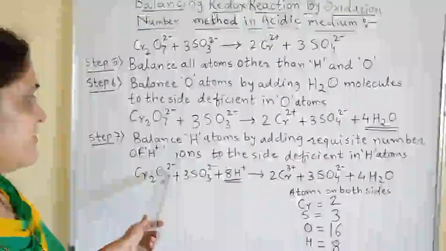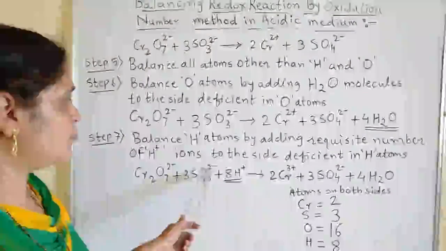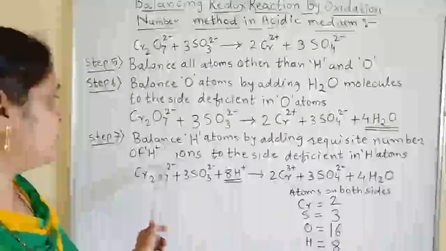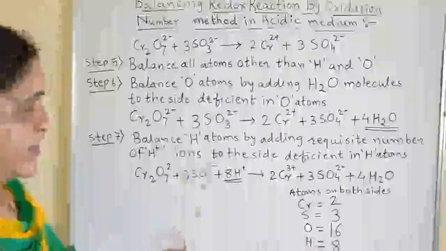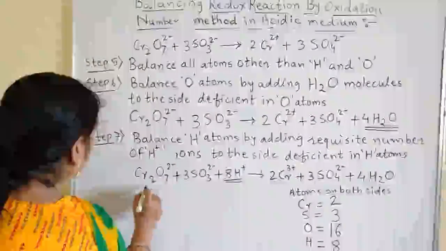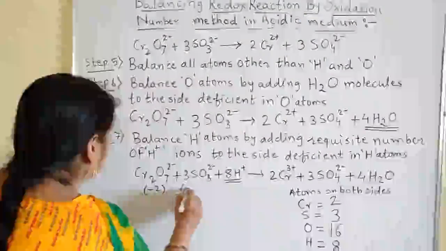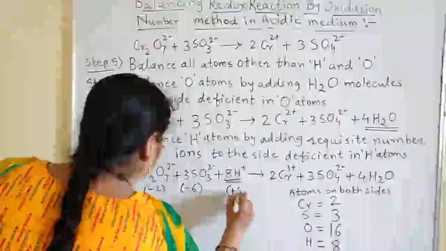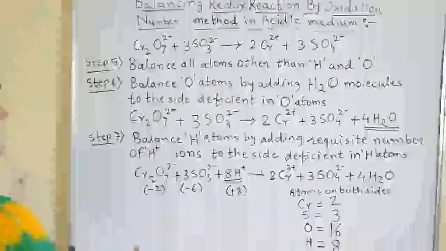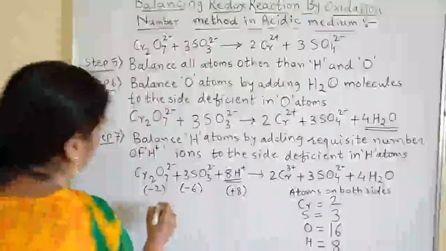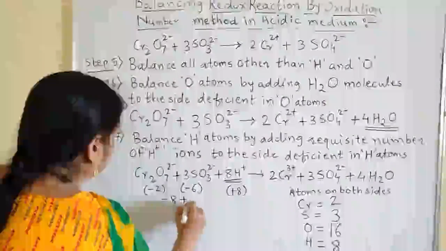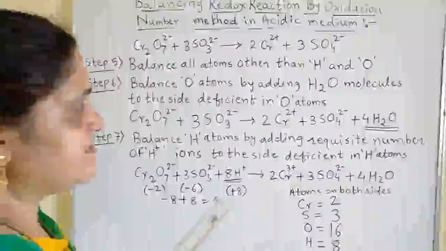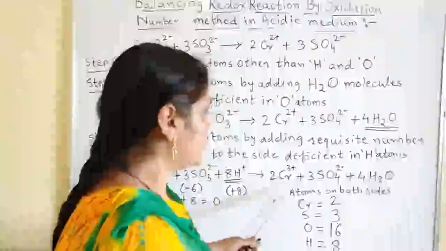We see here 2 negative charges, and here 3 into 2 minus, that is minus 6. So I am going to write minus 2, here minus 6, and here 8 into 1, so plus 8. On the left hand side minus 6 and minus 2 is minus 8, plus 8 is equal to 0. On the left hand side the charge has become 0.